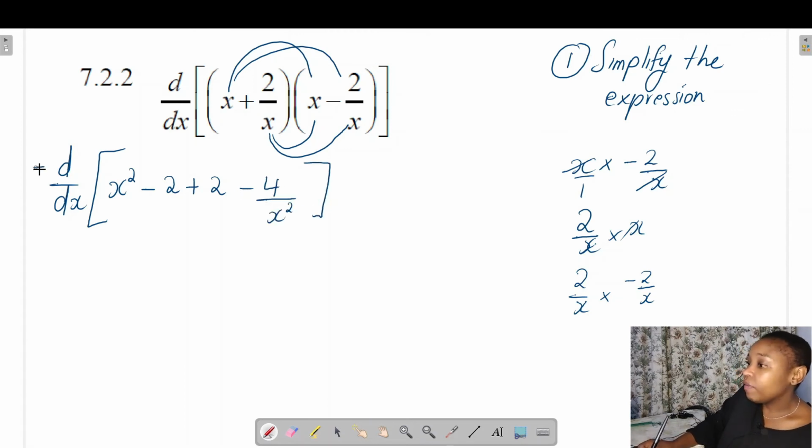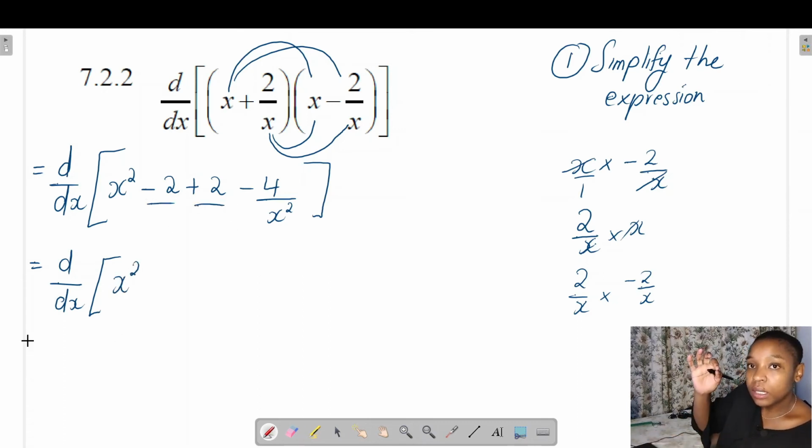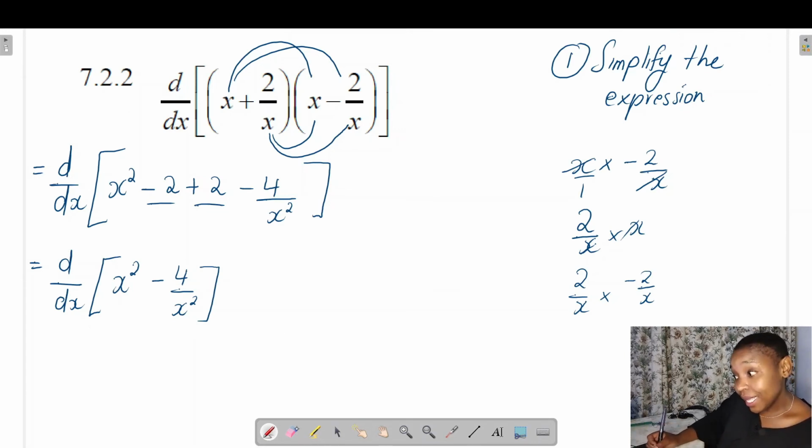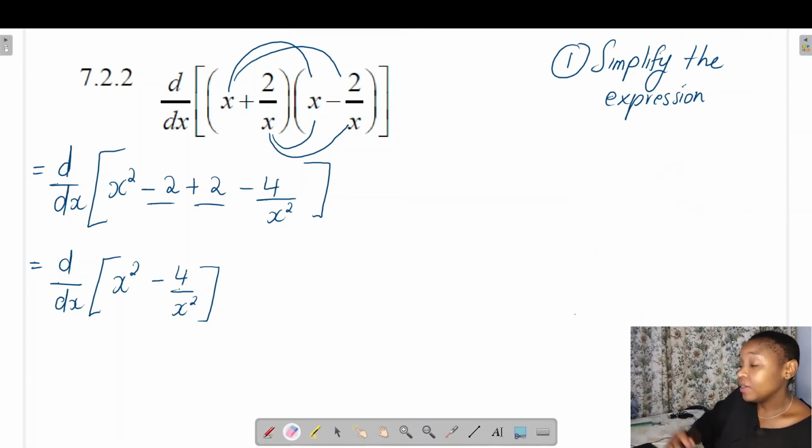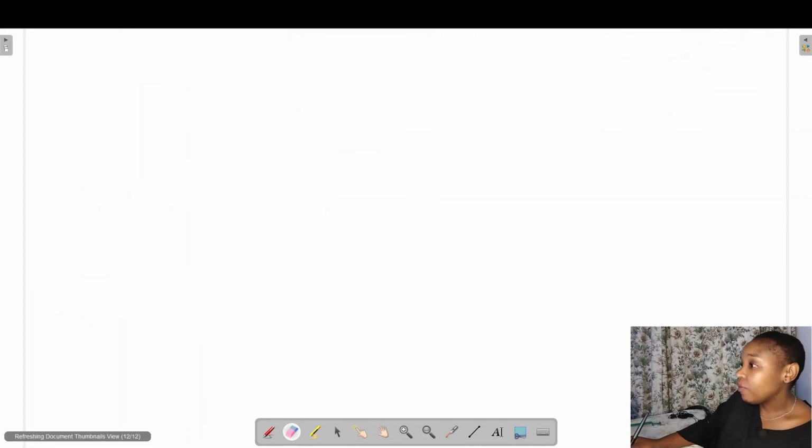Okay, I'm going to simplify this further. So it's d over dx of x squared, positive 2 minus 2, zilch, minus 4 over x squared. But we can still simplify that further, guys. How do you simplify that further?